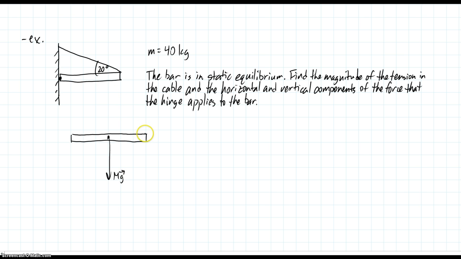We have the tension being applied at that 20-degree angle from the right edge of the bar. We are not given a length of the bar. We're just going to say that the bar has length L.